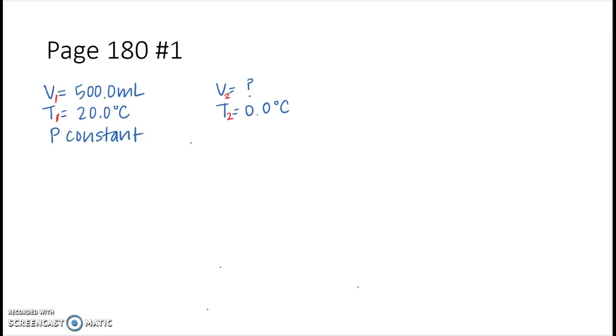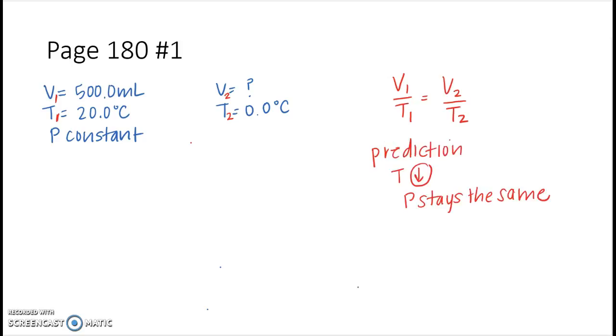And so then after you do that, the next thing you want to do is write down your formula. And so that's the formula that goes with Charles's law. And so let's predict first what's going to happen. If they tell me that temperature is going to go down, remember that means less kinetic energy, so the gas molecules are moving slower. But the pressure needs to stay the same.